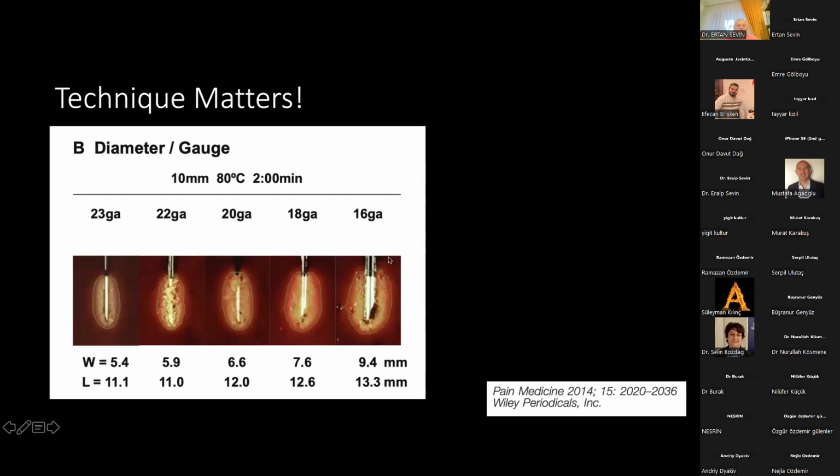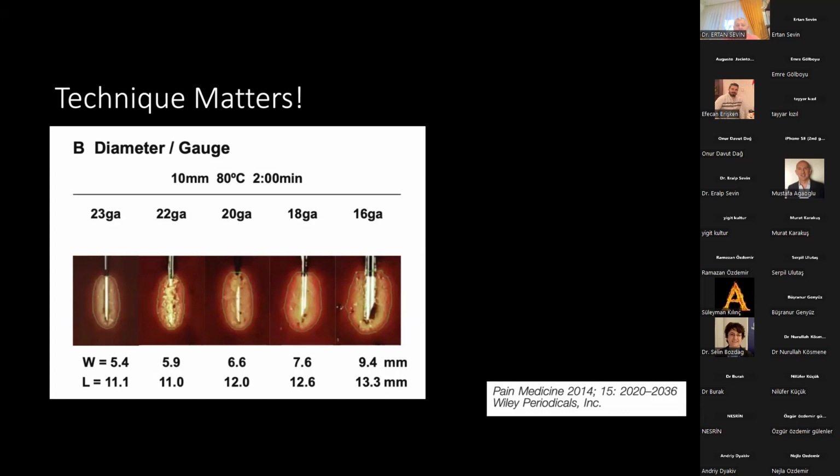You see that if you use a large gauge needle, such as a 16 gauge or an 18 gauge needle, you get a little bit bigger than a 1 centimeter square lesion. And if you're using a much smaller needle, like a 22 gauge needle, your lesion is less than half the size. And so it makes sense that if you're using a small needle, your lesion isn't as big, you're more likely to miss the nerve, and therefore it's less likely to be effective.